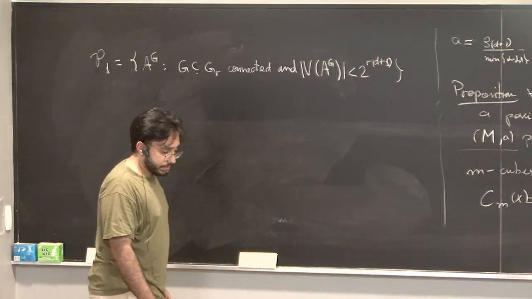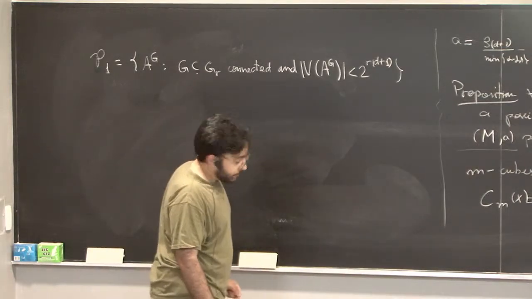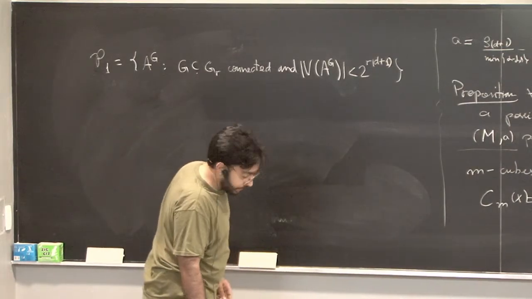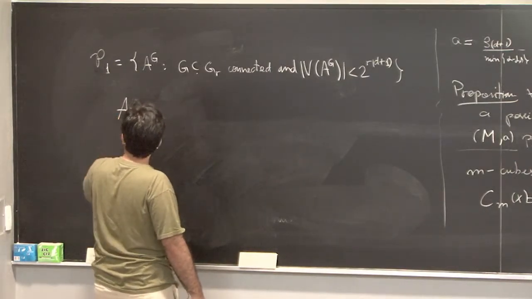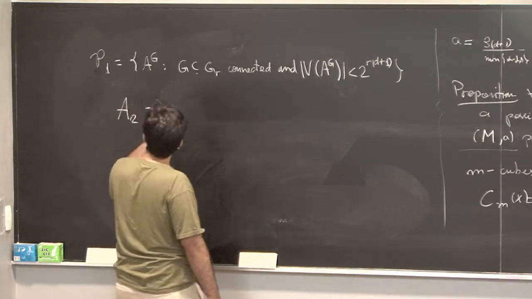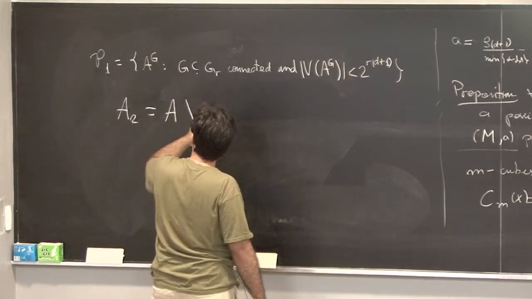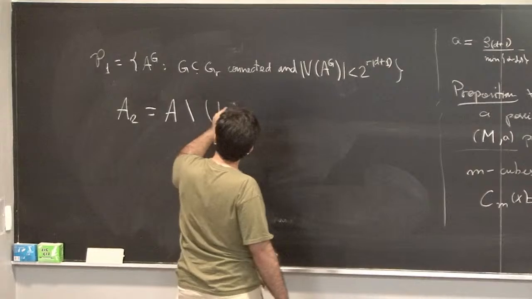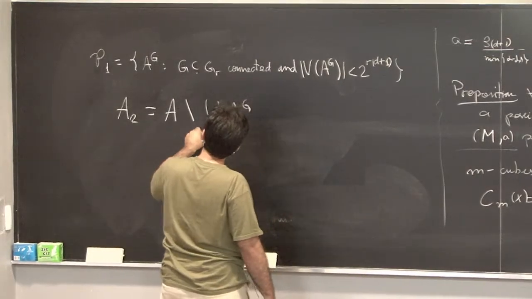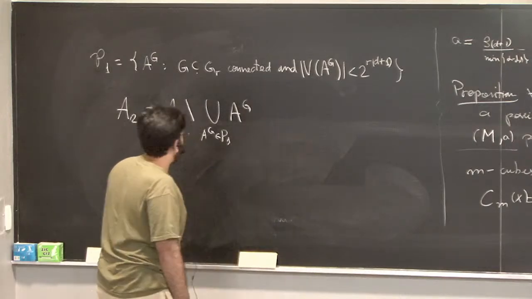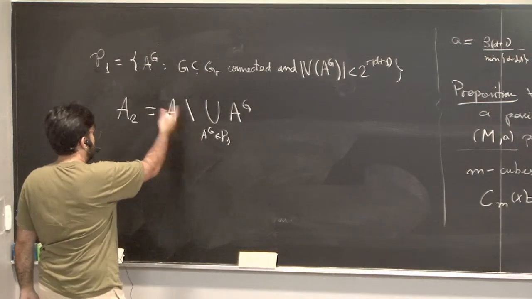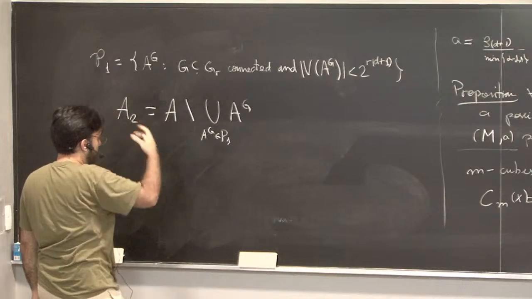It's less than. Okay. And then you define A2 as being the set A minus the union of AG in P1. So what you are doing is that you are reducing the set A.